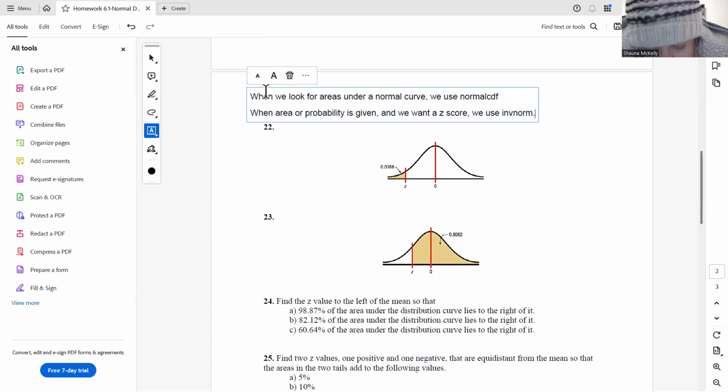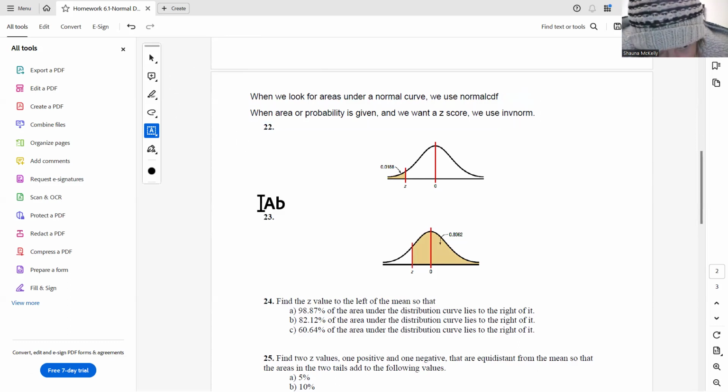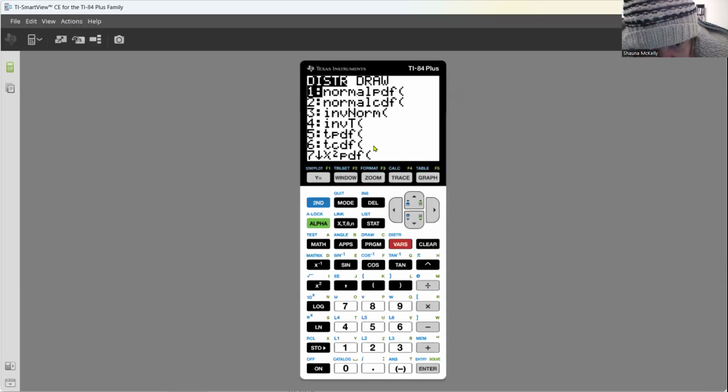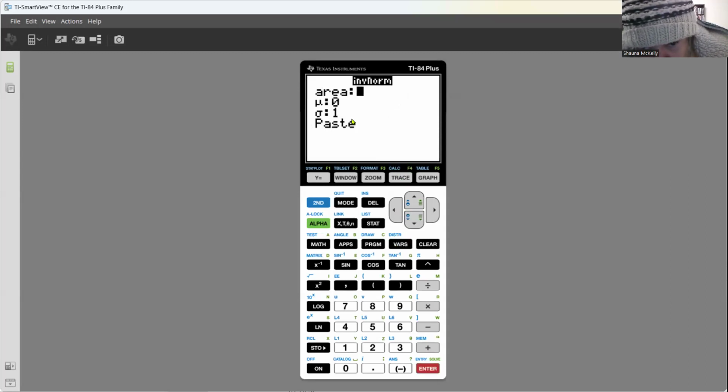Inverse norm. Okay. Now, that may seem counterintuitive. I'm going to show you what I mean here. Before we do too much here, I'm going to show you something. Inverse norm is number 3 on your list here. Notice that your inputs are slightly different.